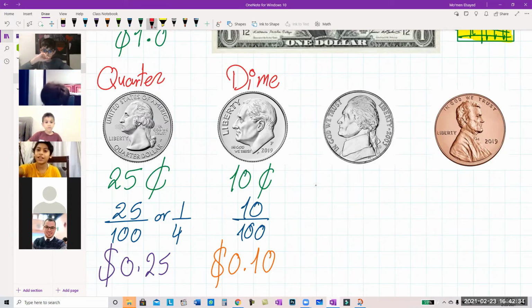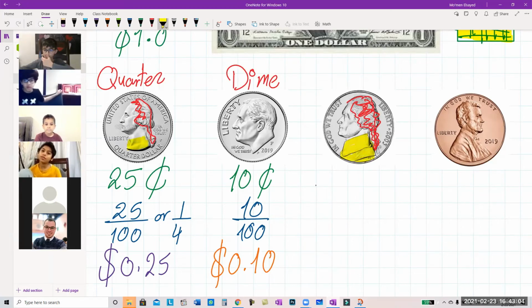Let me see what it looks like. The man on the coin has long hair, right? But the difference between this hair and this hair: you will find this one wearing something like a t-shirt, right? But here he's not wearing anything.